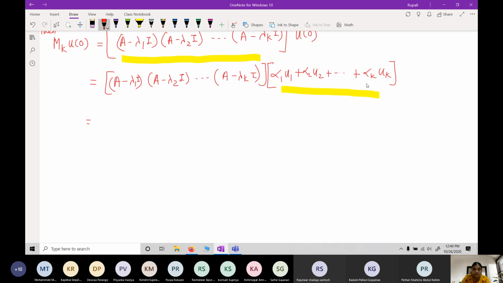It must be 0 because uk is an eigenvector corresponding to lambda k. Therefore, it must be 0, right? Is that okay? Yes, ma'am.